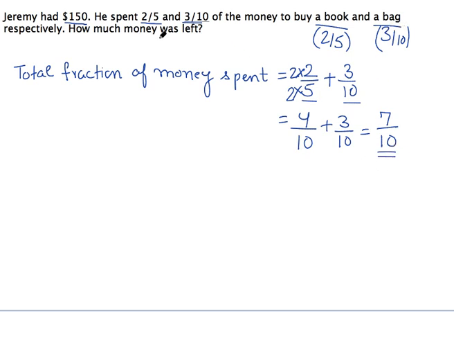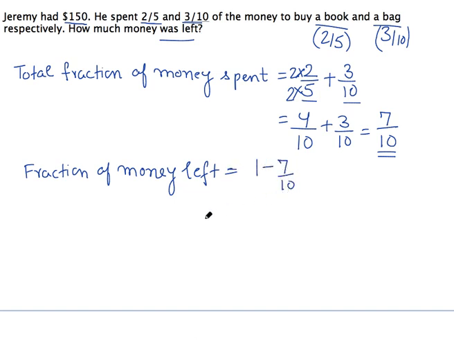But we are interested in how much money was left. So for that we have to find what fraction of money is left. Okay, so we can write fraction of money left would be 1 whole minus 7 by 10, right?